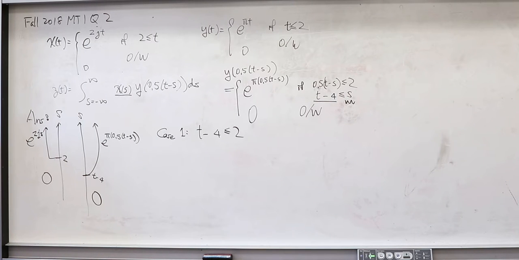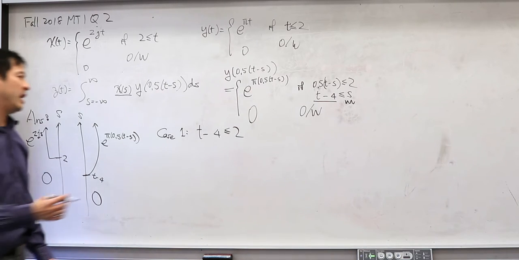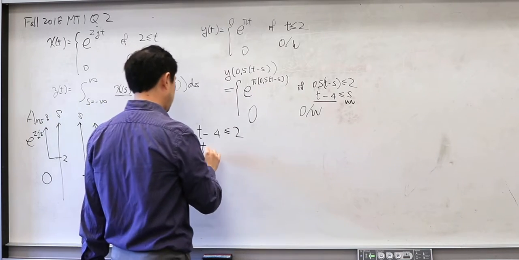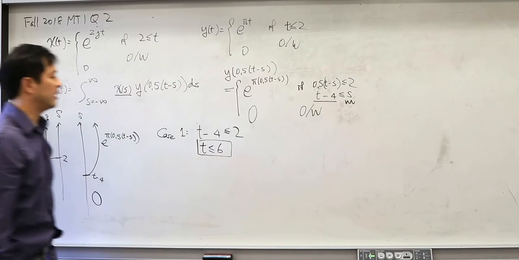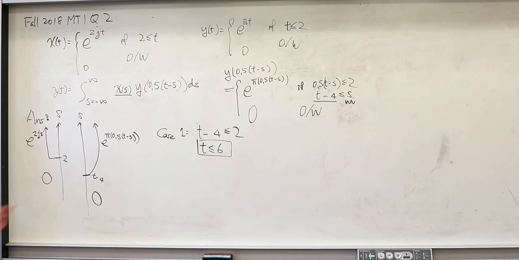Different people have different preferences, but that's what I prefer. Once you know that, you can see it means t is no larger than 6, so that's the condition for case 1. That's what you get. Now we can finish the calculation.